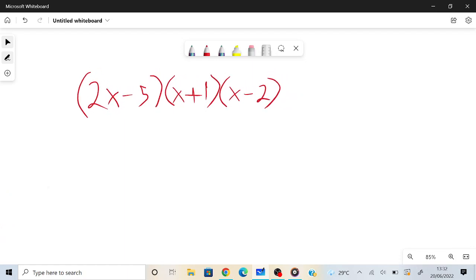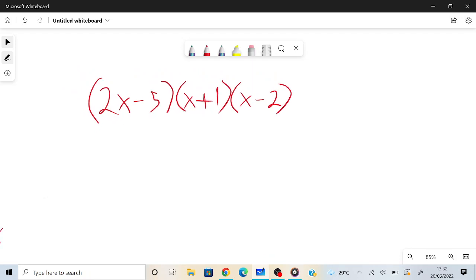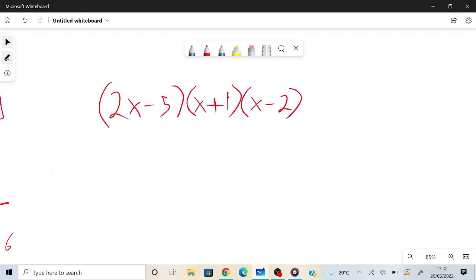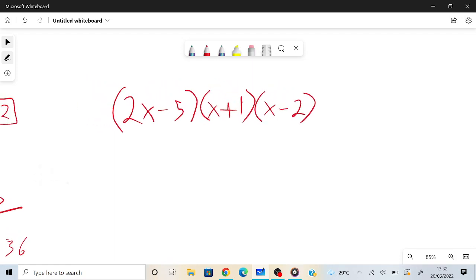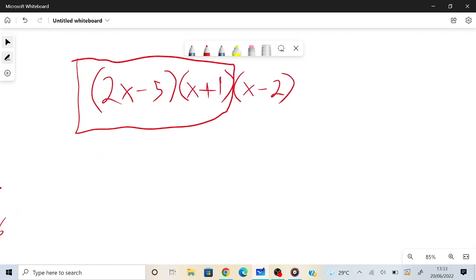And of course it can get a bit tricky, because you might be wondering which one should I do first. Should I do x plus 1 into x minus 2, or x plus 1 into 2x minus 5? The way I go about this is I take two of them at a time. So I would only basically consider these two first, 2x minus 5 and x plus 1. And once I've expanded them, then I would multiply them out with x minus 2.